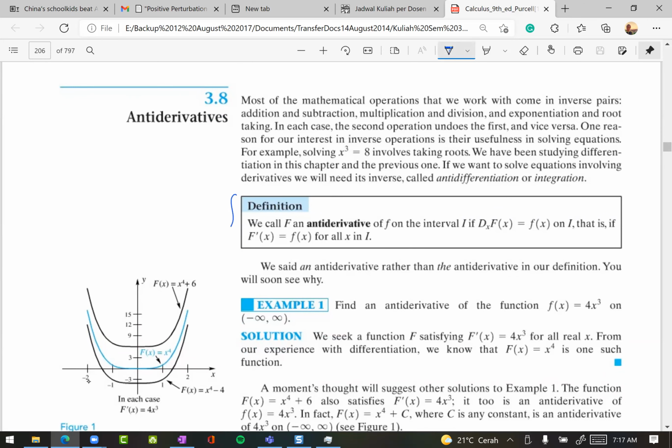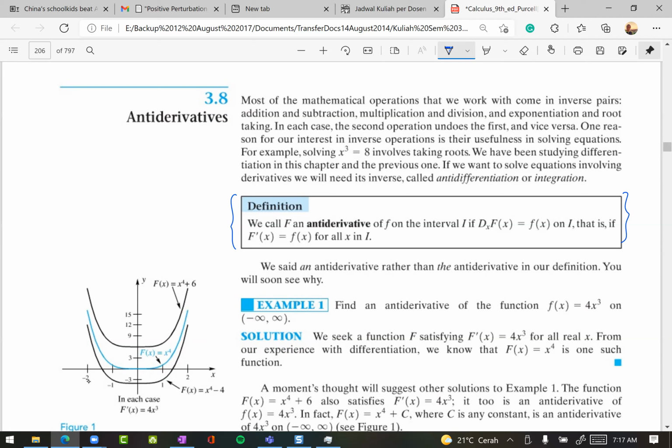So this is the definition of antiderivative. I call the capital F an antiderivative of f in the interval. Also, not necessarily for the whole real numbers, but it is sufficient just for a small interval. Okay. If the derivative of capital F is the small f.